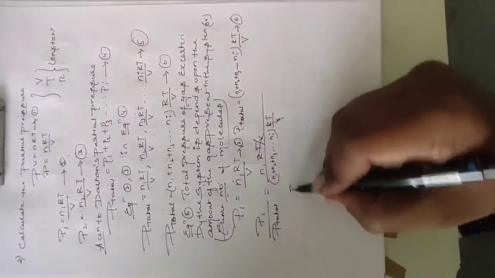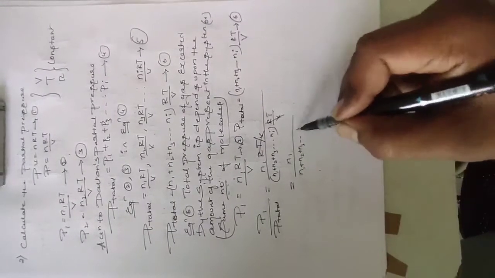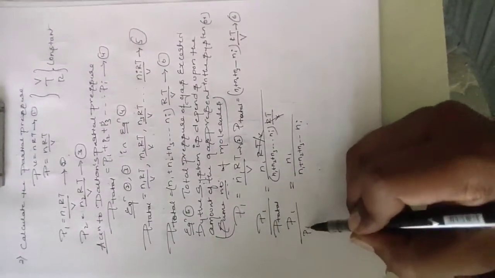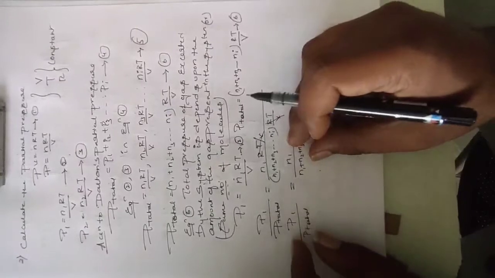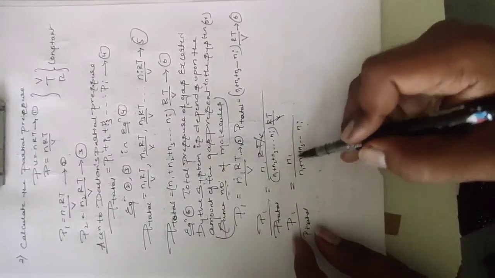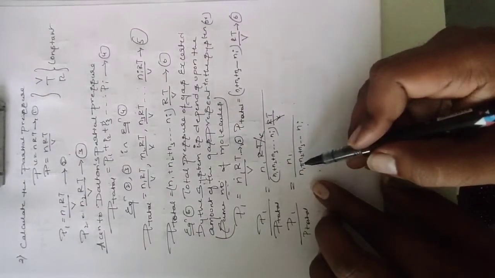We will get the expression N1 divided by N1 plus N2 plus N3 and so on Ni. You see the P1 by P total. What is this? This is the moles of the first gas, and this is the total moles of the system.